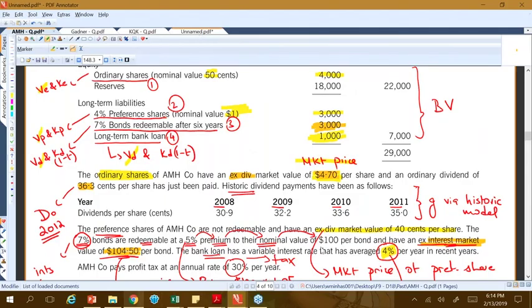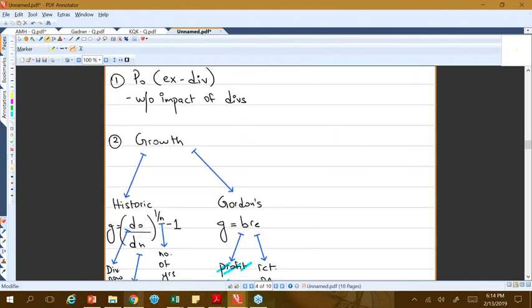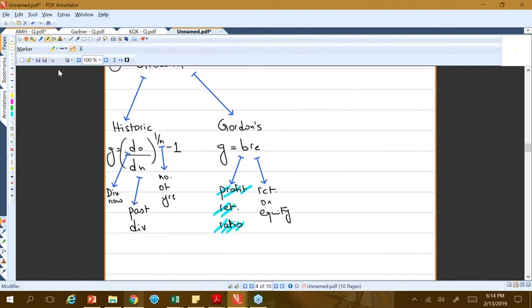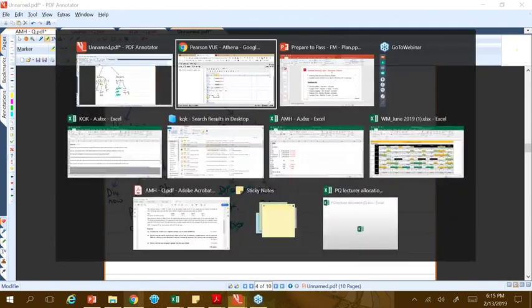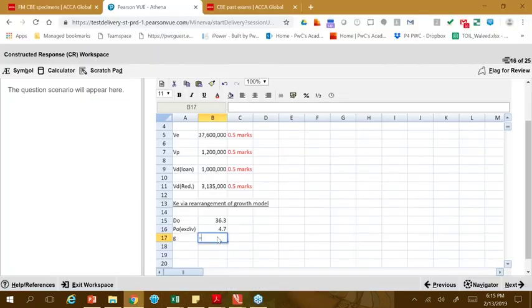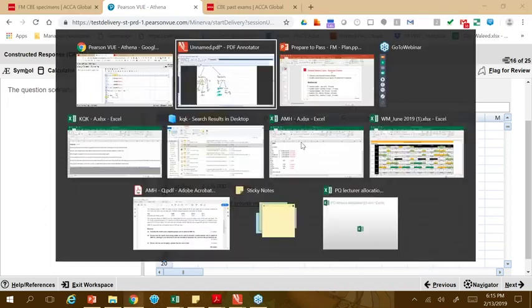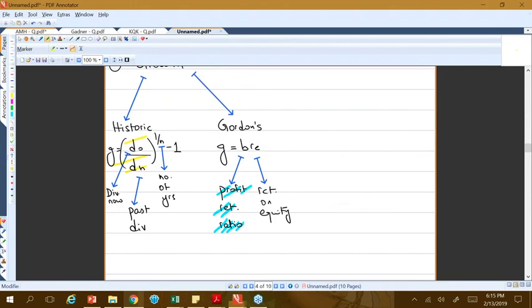So I want you to focus on this calculation now, the historic model calculation. We have the D naught. The D naught is given in the question as 36.3. Now I need to find out what is DN.